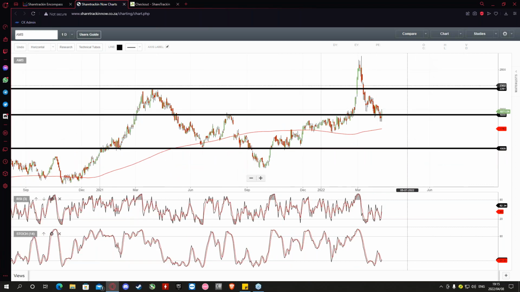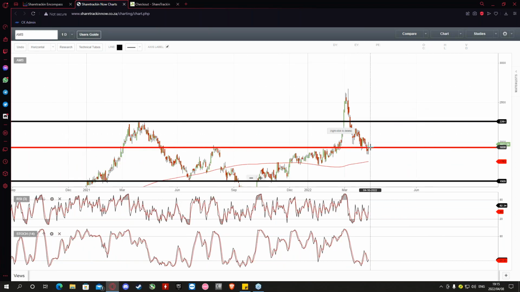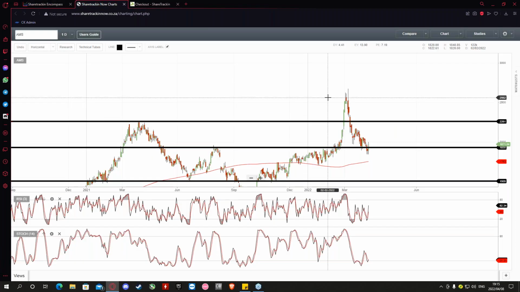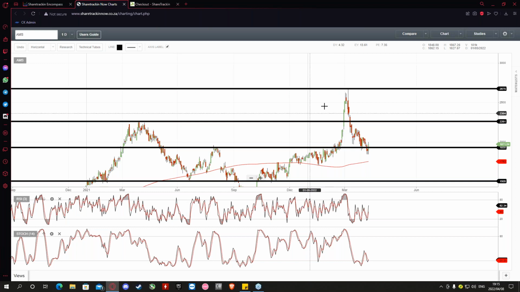But if the share decides, no, I'm not going to go down, I want to go up, then it needs to break through this top line, and the potential upside would be 2,675. 2,675 would be more or less over here, right on that peak. If it goes up and breaks through this line, then you make money in an upwards direction.